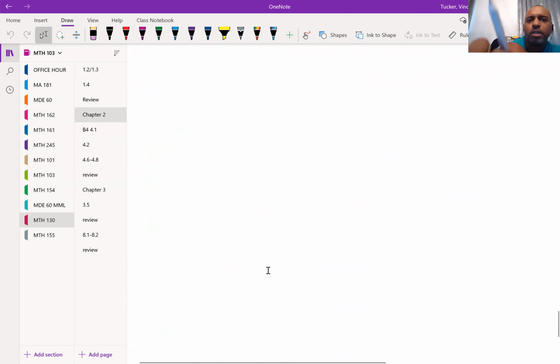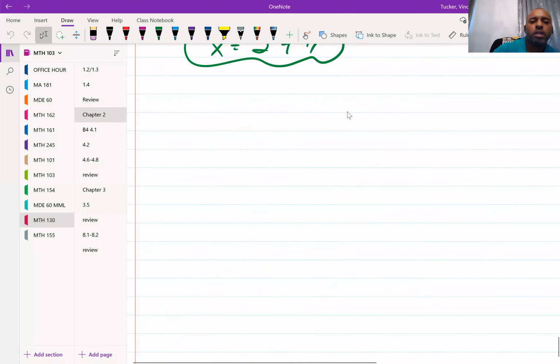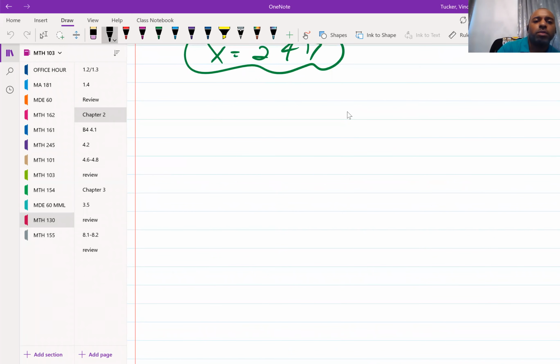That's crazy. Okay, that's all right. So we're doing section 3.4? Yes, 3.4. And then we'll talk about how we're going to move forward after this. So 3.4, introduction to problem solving.